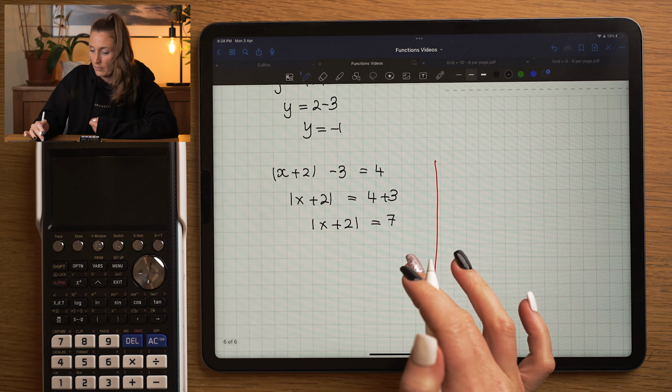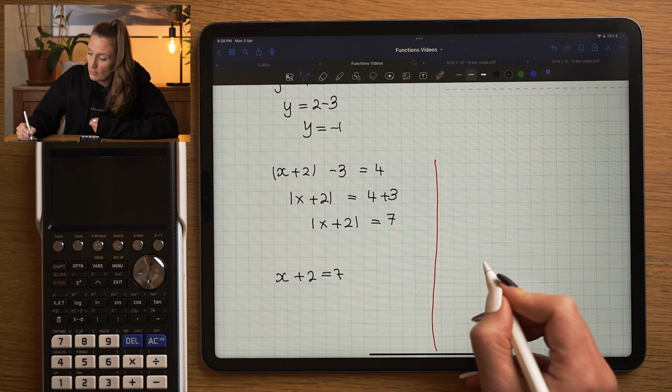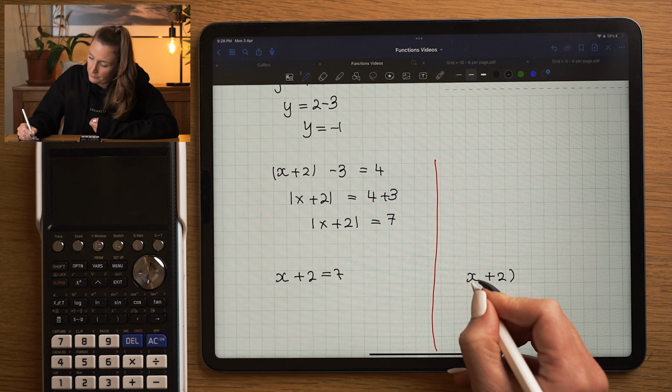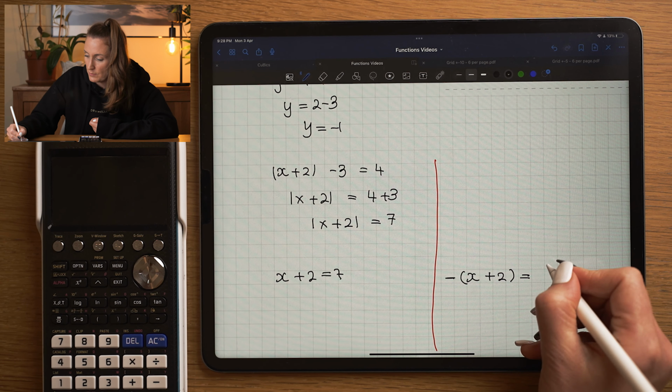Now, on this side, I'm just going to solve x plus 2 equals 7. And on the other side, I'm going to solve minus, x plus 2, equals 7.